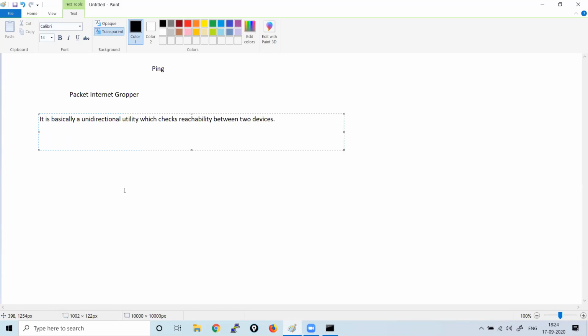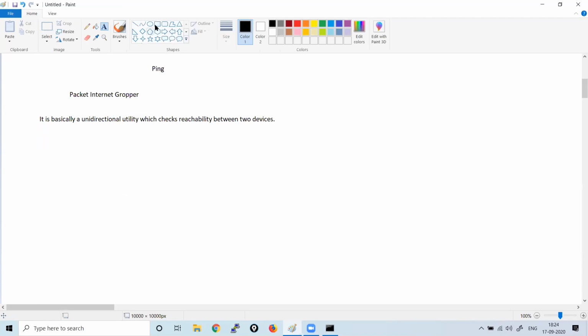Now, there might be a question. Let's say there are two devices, and on one of them I'm running a ping command, pinging the other device.